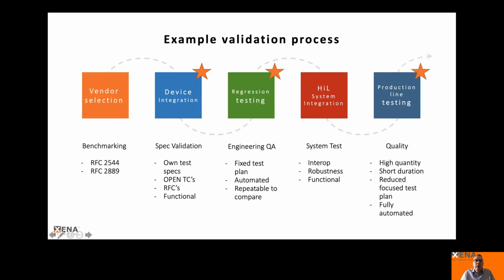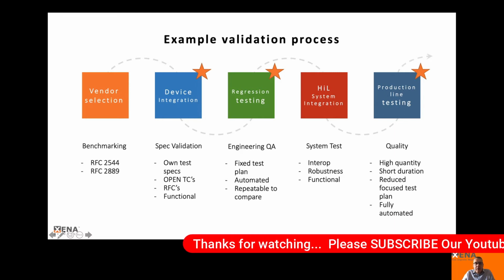So, an example validation process. Again, that's something which is, let's say, a recommendation, but it's definitely not something you have to follow. But in general, we will always start with a vendor selection or a specific switch type selection from a vendor.